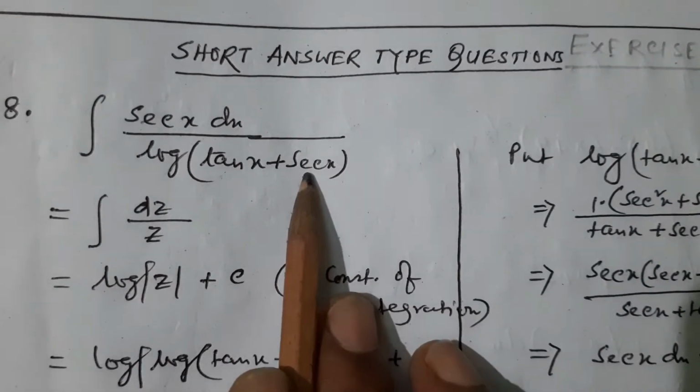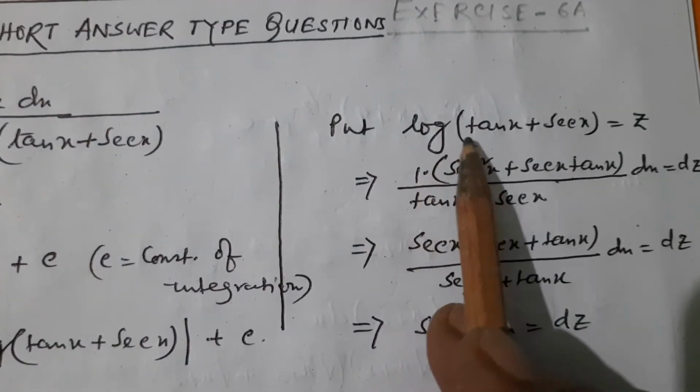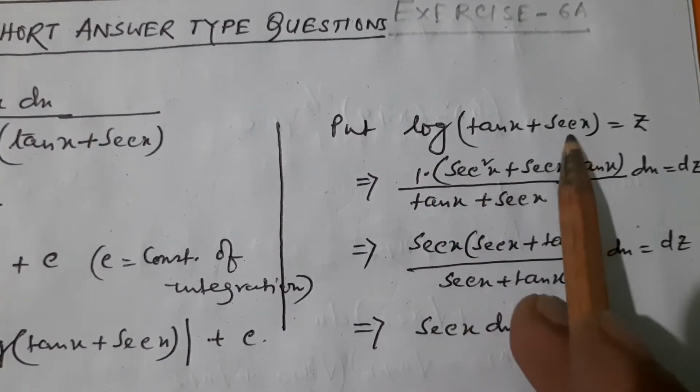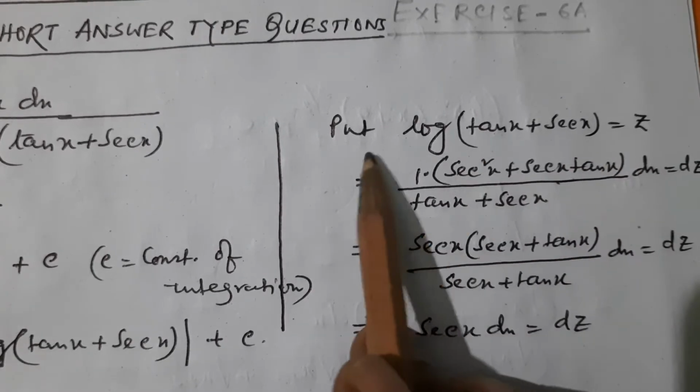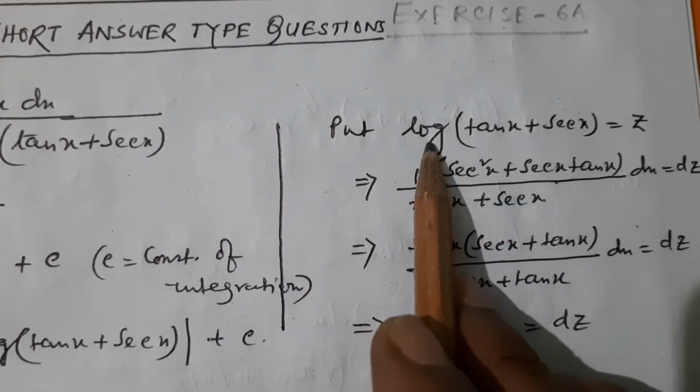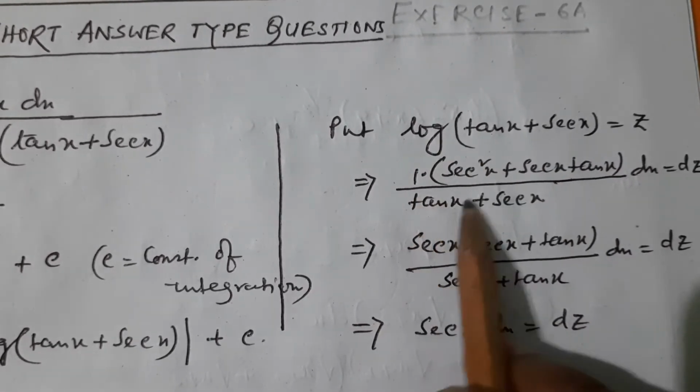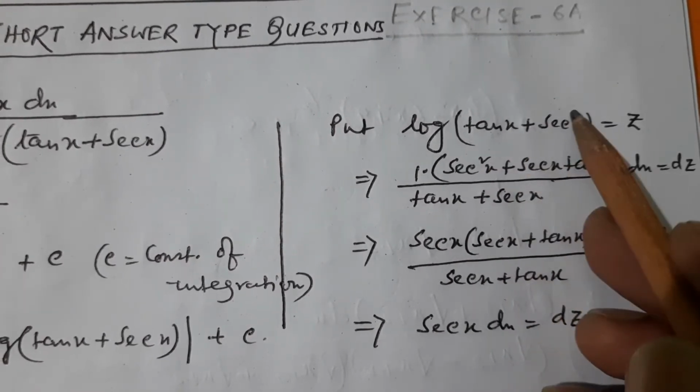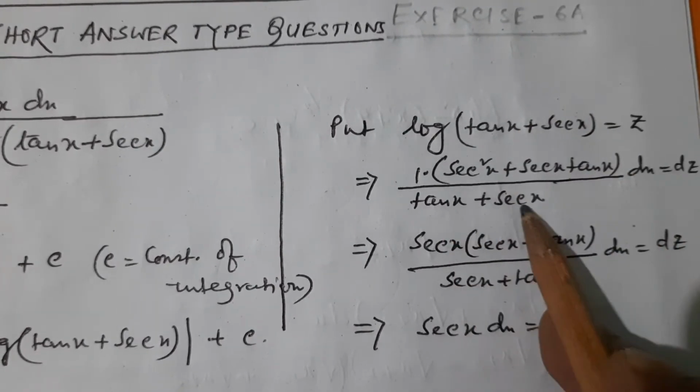Due to this reason, we put log of tan x plus sec x equals z, and differentiating both sides, we know d/dx of log x equals 1 by x. This is treated as x, so 1 by tan x plus sec x.